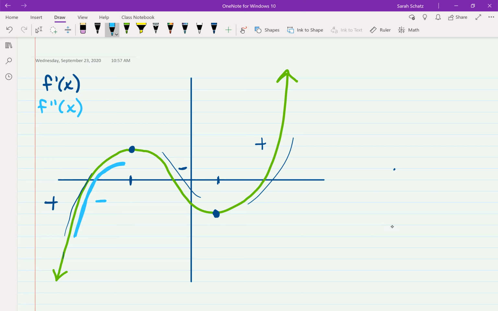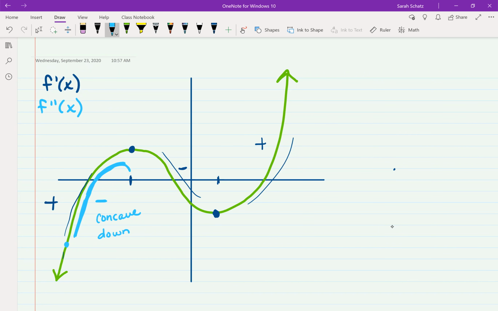The second derivative is all about shape. Notice this shape is what we call concave down. This area of the graph has a concave down shape, and the down part is how I know the second derivative here is negative. Let me talk about what concave down means.